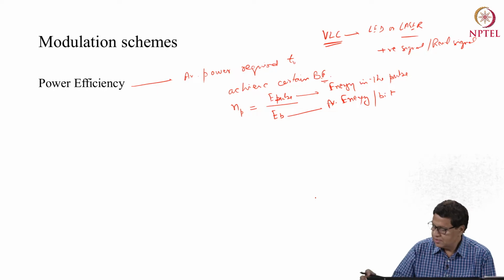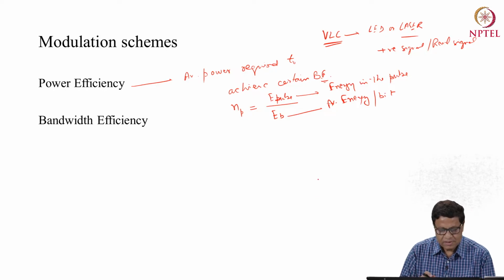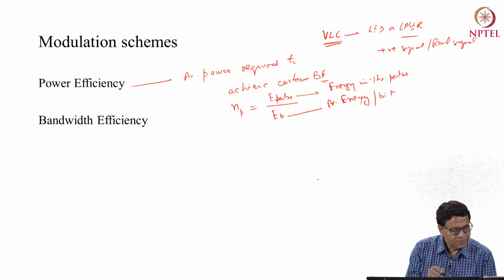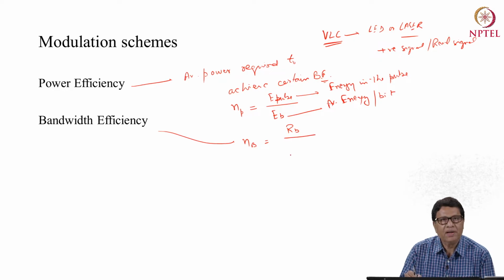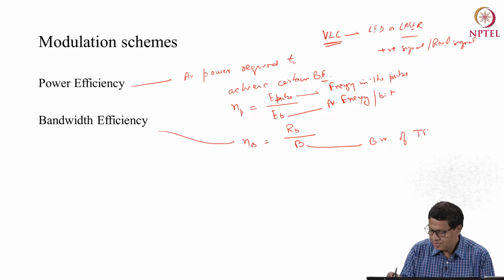The other important parameter to be calculated for different modulation schemes is bandwidth efficiency. Bandwidth efficiency is defined as eta B equals R_B, that is the achievable bit rate, divided by the bandwidth of the transmitter or receiver.